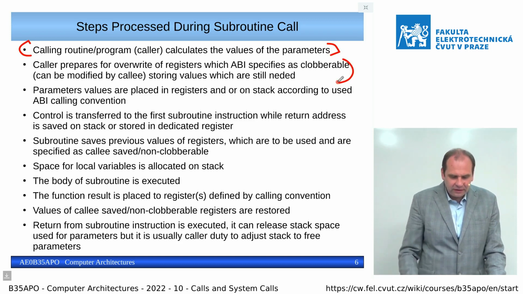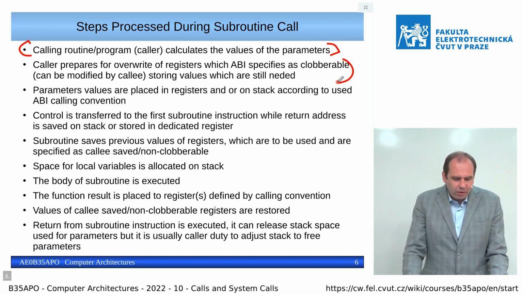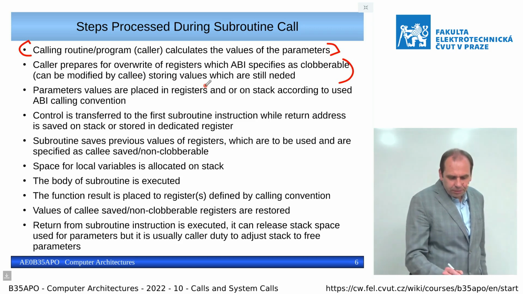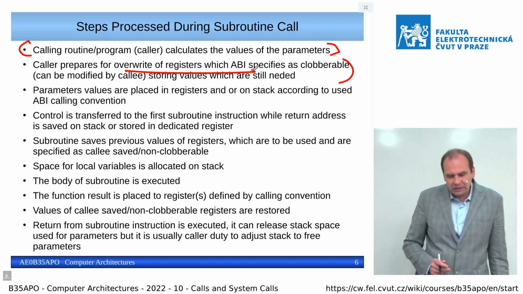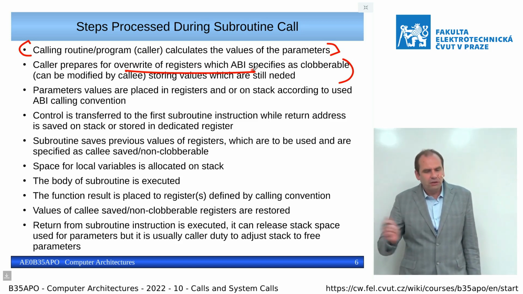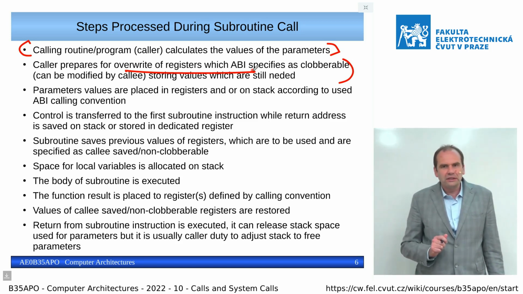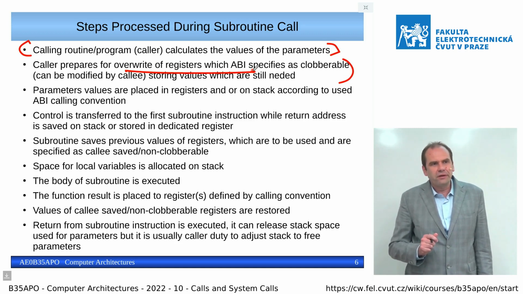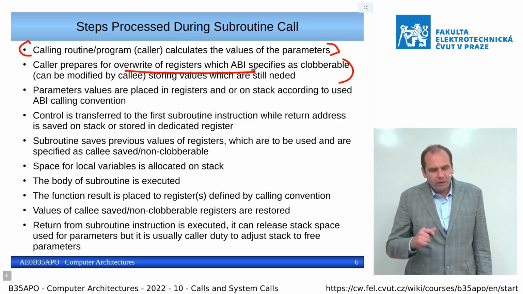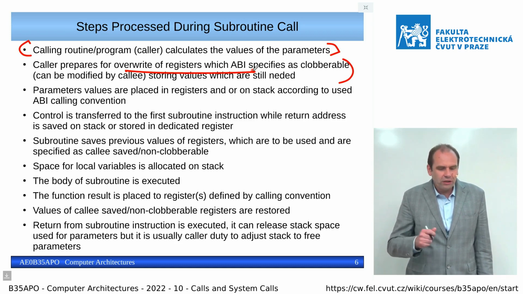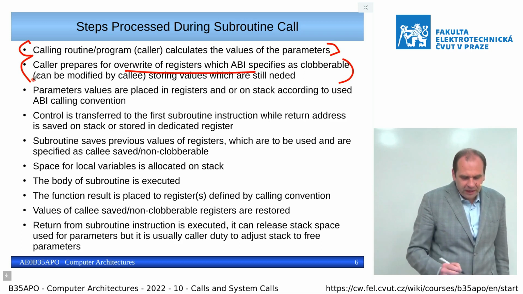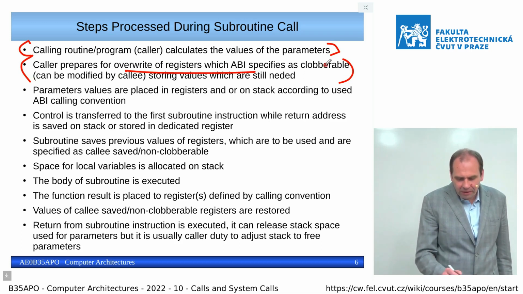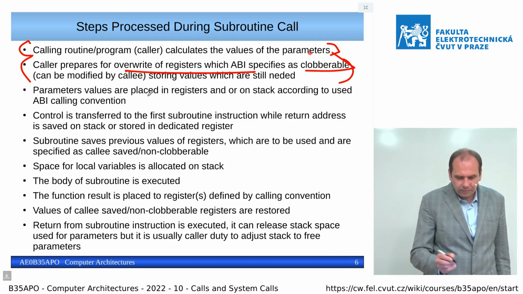Then that calling program or calling function needs to prepare for the fact that some registers can be overwritten by the calling of the subroutine. So you are not guaranteed that all registers will hold the previous value when the calling of the function ends. You need to be prepared that some so-called clobberable registers will be overwritten by the calling of the subroutine.